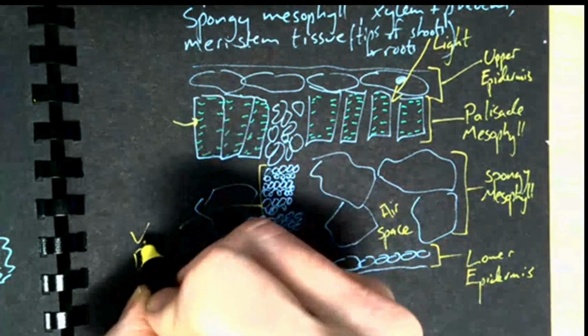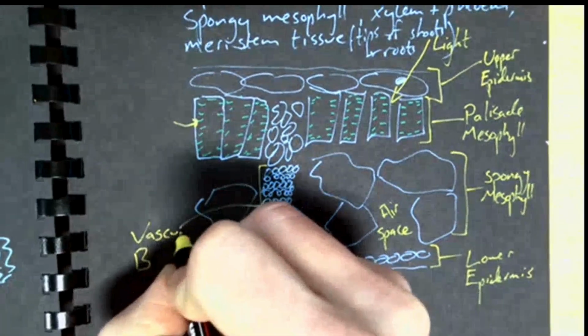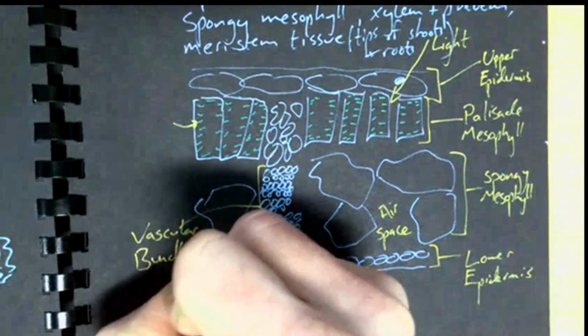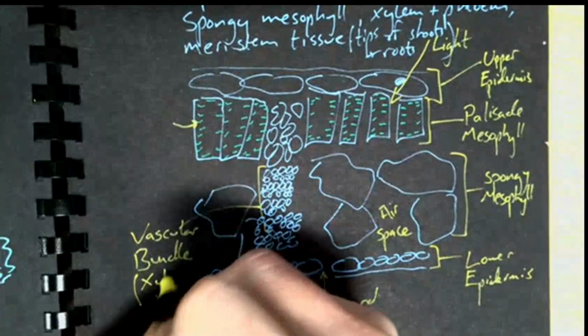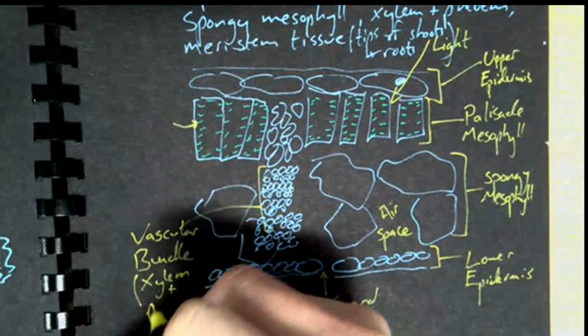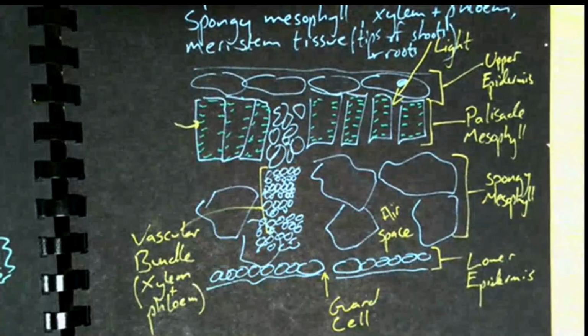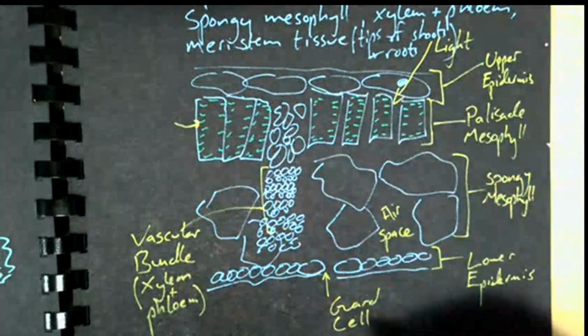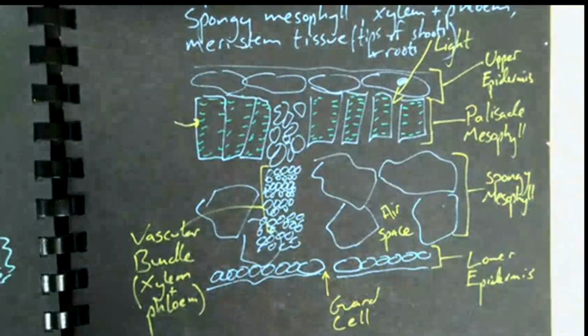This bit here, this was my not particularly good attempt at a vascular bundle. And within that was my xylem and my phloem. So if you just went for those two labels, perfect, that's well done. But the whole thing together, and you'll often find the xylem in one shape and the phloem in a slightly different shape.